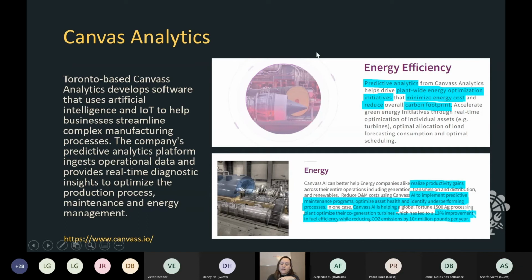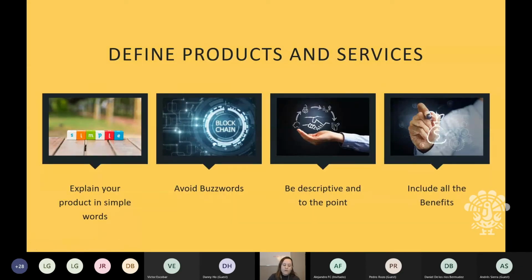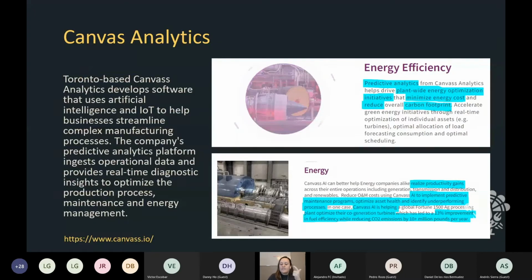So as you can see here, if we go back and look at how they define their product or service, they start by describing what they are and what they do, right? We create predictive analytics for plant-wide energy optimization, right? We minimize energy cost and we reduce the overall carbon footprint.